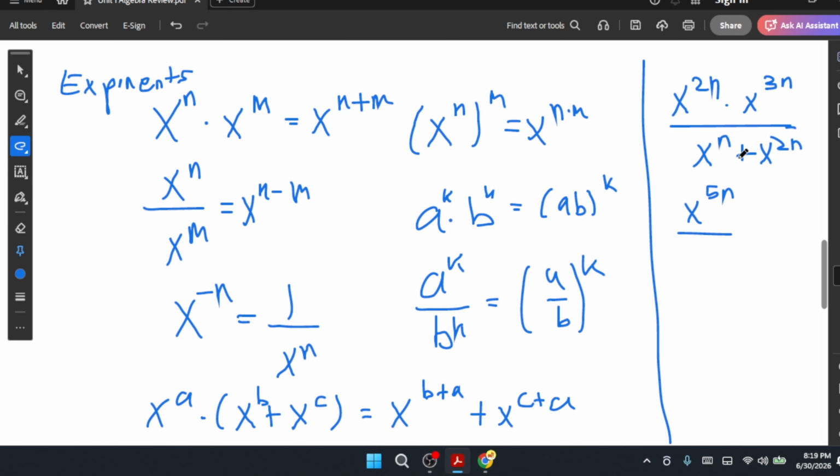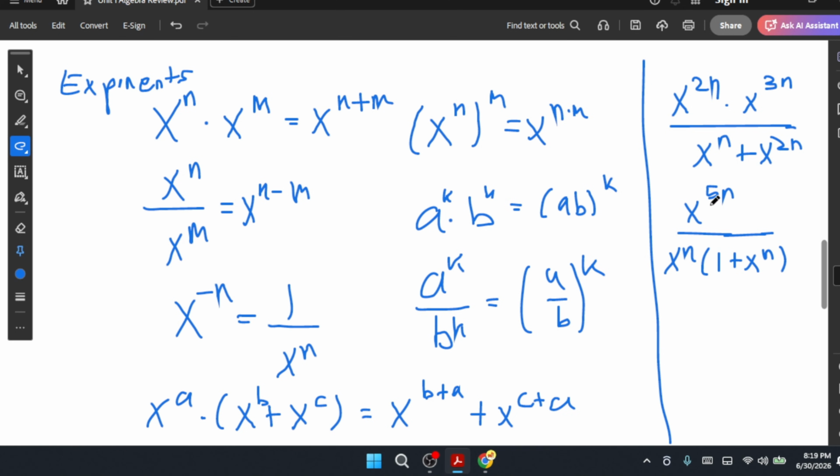Well, we cannot necessarily add them. Instead, what we can do is factor out x to the n. How? If we factor out x to the n, x to the n times 1 would be x to the n, and then add our x to the n. So x to the n divided by x to the n must leave x to the n minus n, right?